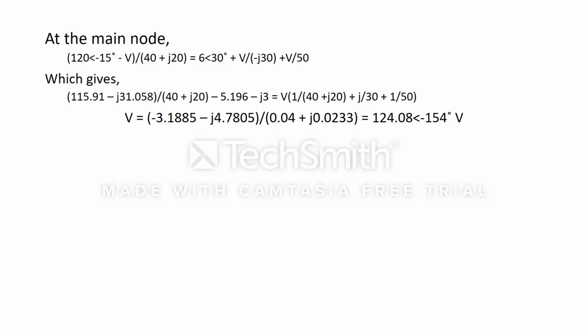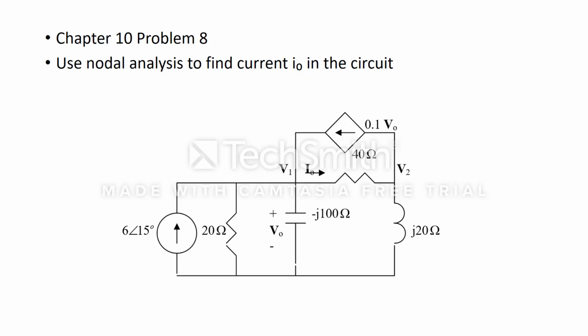Okay guys, moving on to the next problem, that is 10.8, where we use nodal analysis to find the current I naught in the circuit. So the current I naught is present over here, with a potential drop across here as V naught.